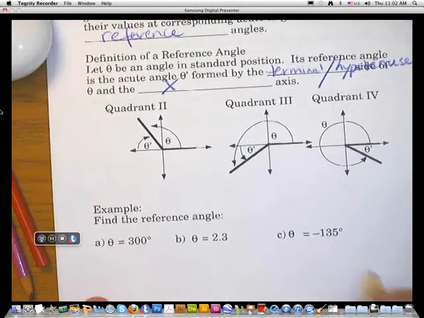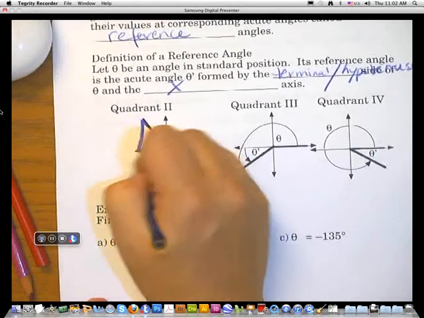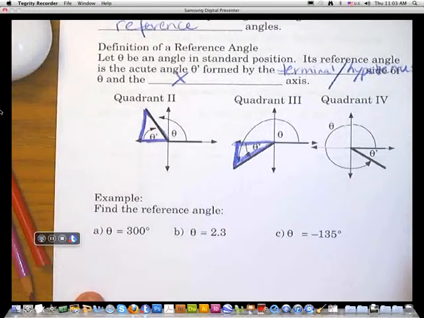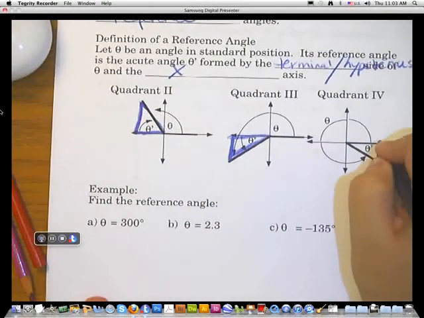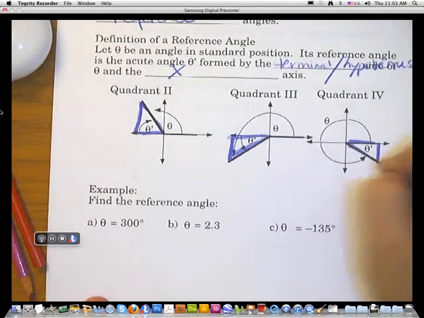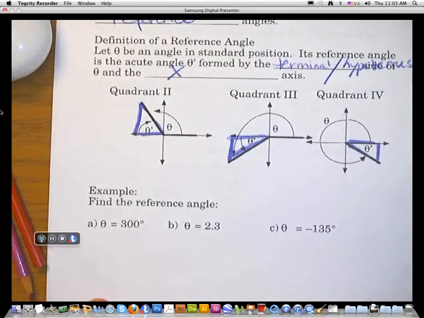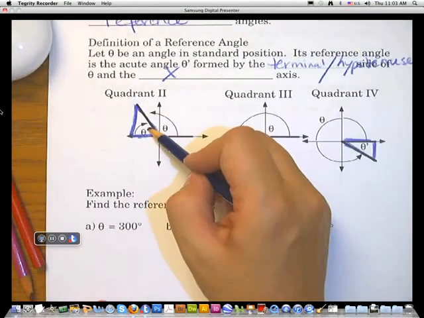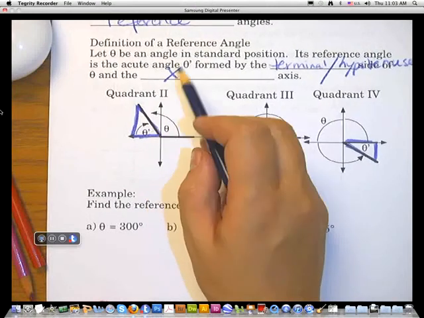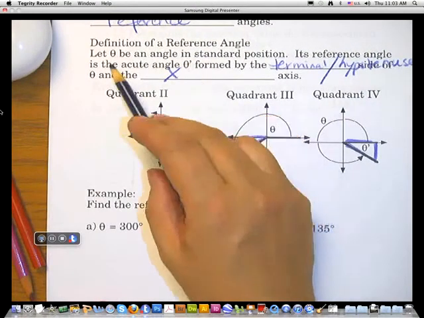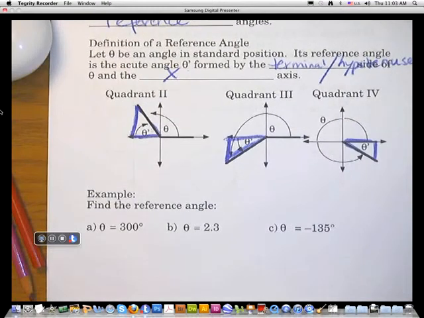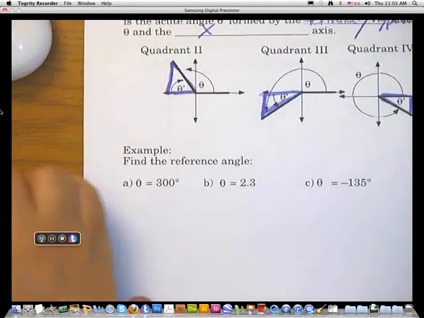So every time you end up in quadrant 2, that's your triangle. Quadrant 3, there's our triangle. Quadrant 4, that's going to be our triangle. And our reference angle is always going to be subtracted from or added, depending on where you're coming from, whatever that x-axis value is. So let's look at this.